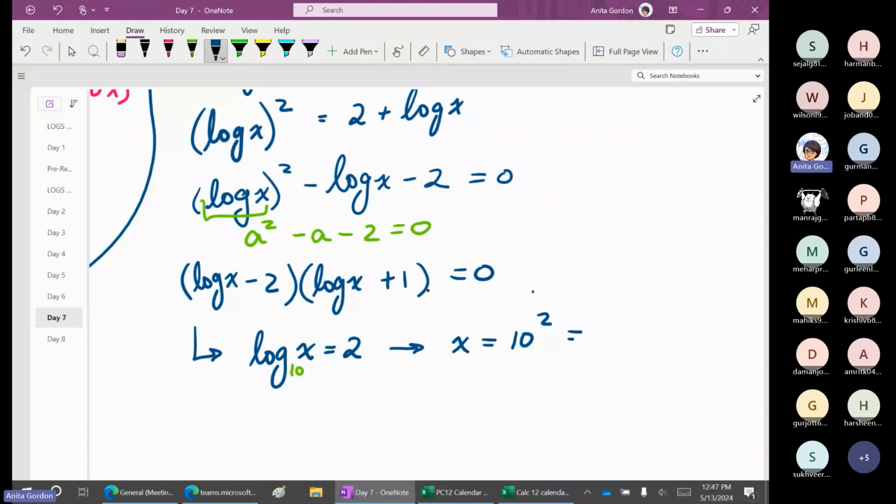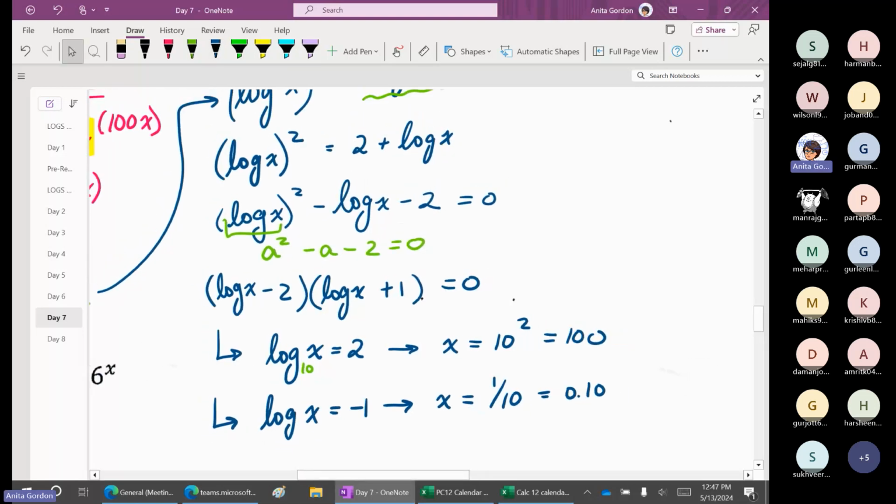So that means x is 100. The other option is that log of x equals -1, which means x is... how would I write that? 1 over 10, right? And you can leave it as a fraction or you can write it as a decimal. Doesn't really matter. It doesn't say either way.